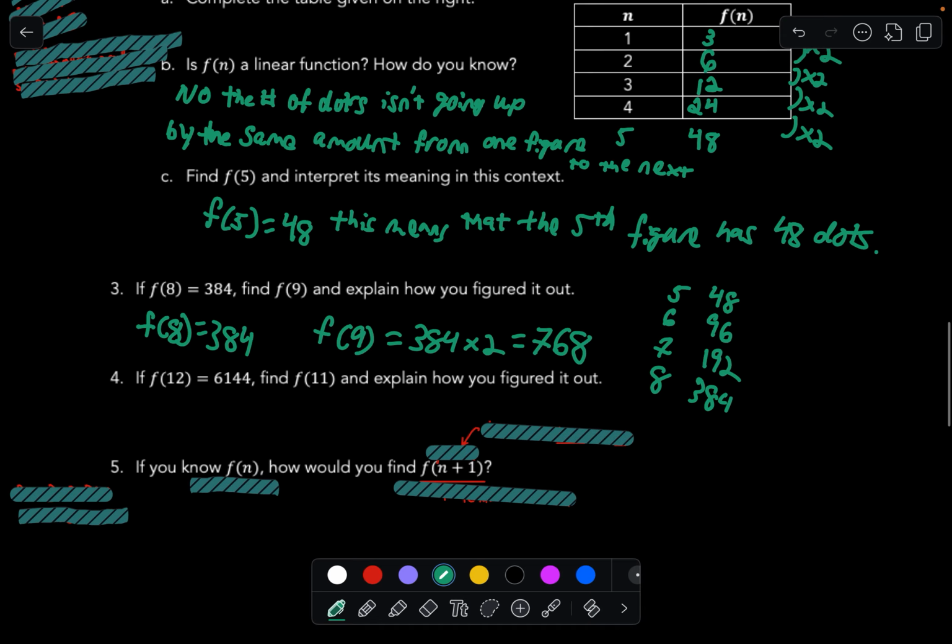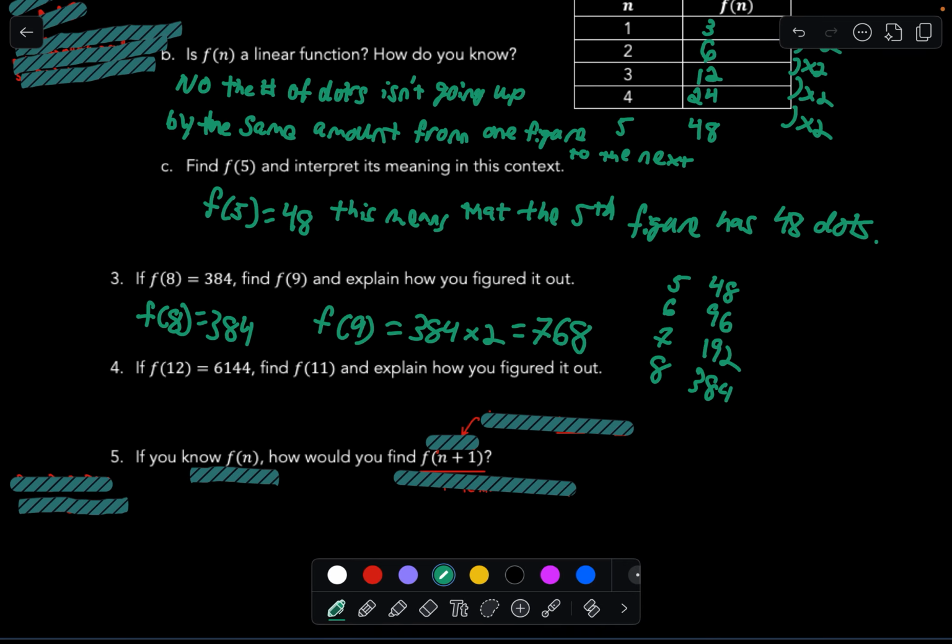Now they're saying on question 4, if you know what f of 12 is, which is equal to 6144, then f of 11, since we have to multiply by 2 to get to 12, to get from 12 to 11 we have to divide. So to go this direction, we divide by 2.